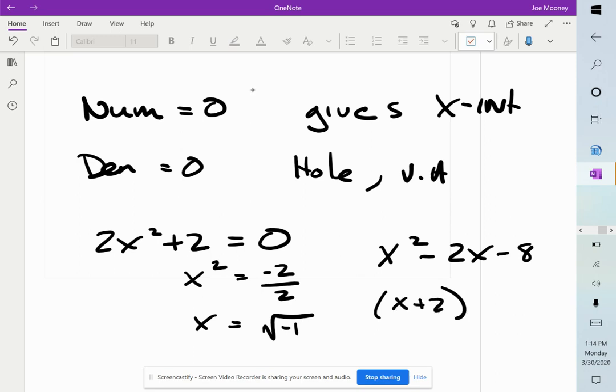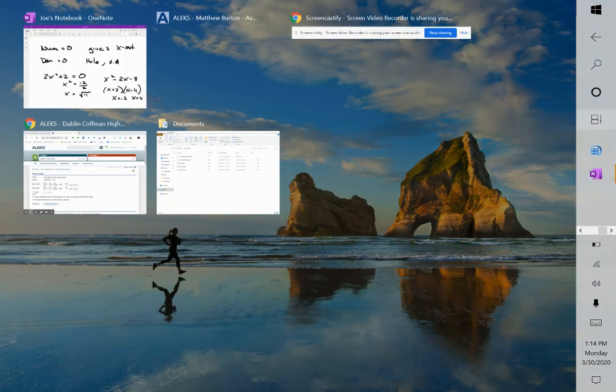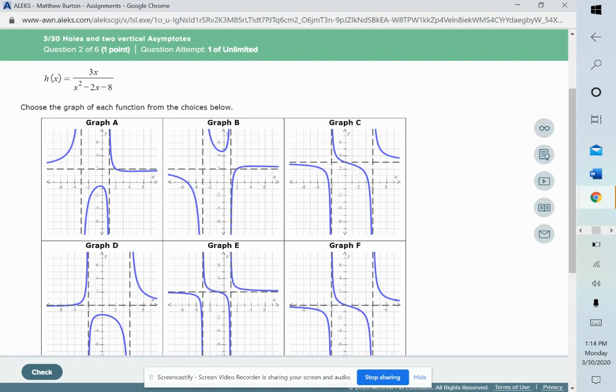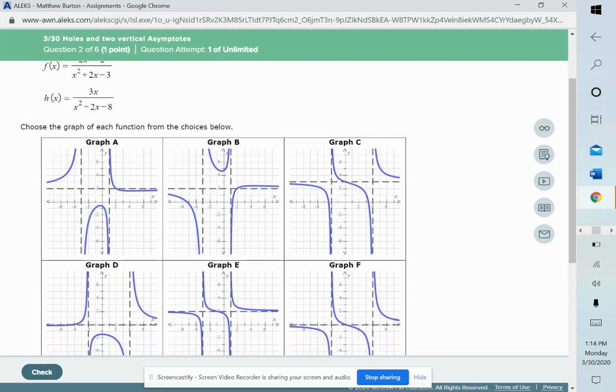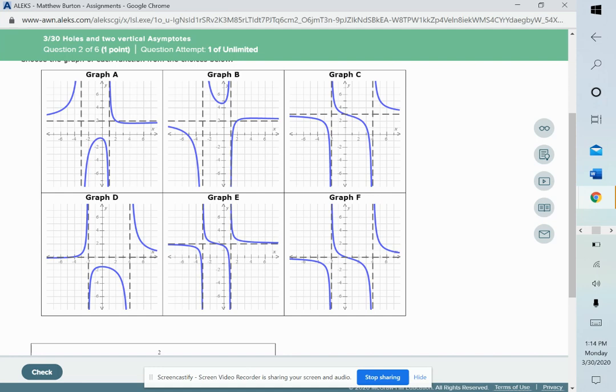So it'll be x plus 2 and x minus 4. So the vertical asymptotes are going to be at -2 and +4, if it doesn't cancel. And the numerator is just a power 1, x. So we said they were at -2 and +4. D or F.